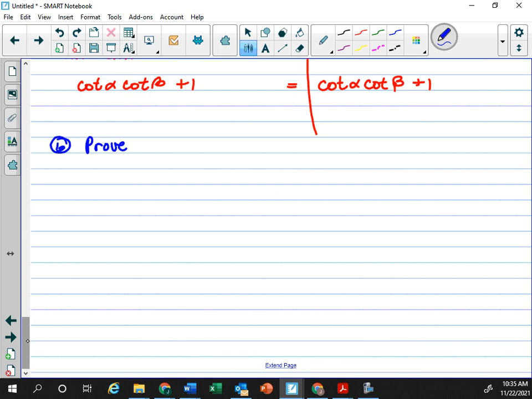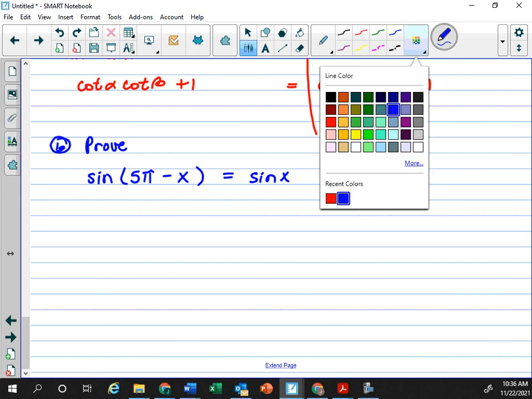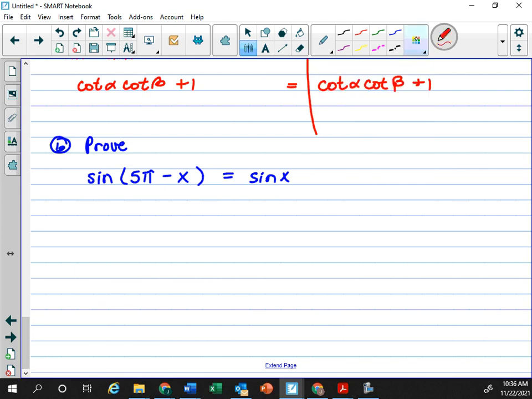Okay, so this time we have the sine of 5 pi minus x equals sine of x. All right, which side are we working on?